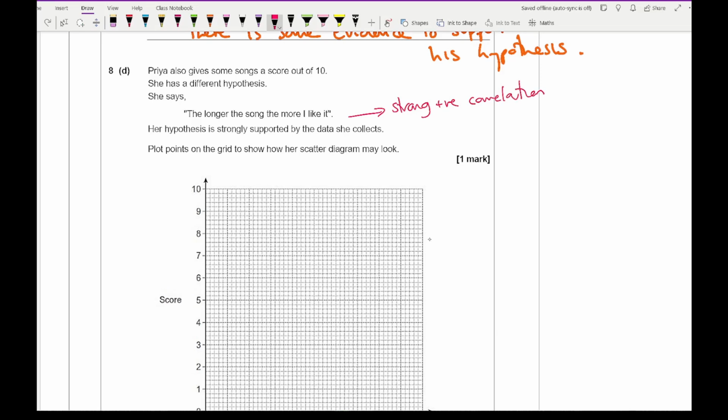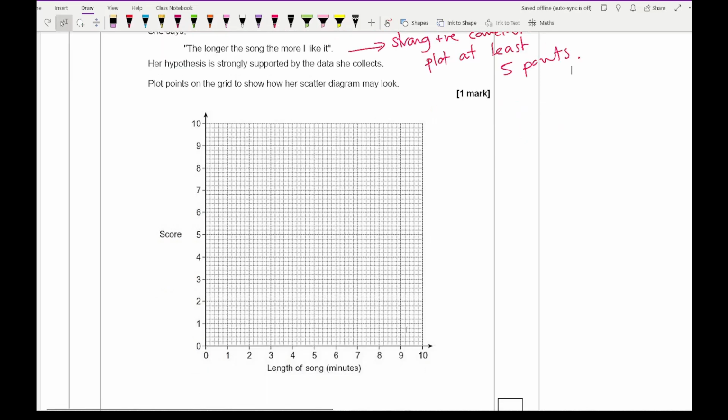And what you also want to show is that you've plotted at least 5 points. So we're looking for the longer the song, the more she likes it. So we're looking at something along the lines of this, and it should be generally, and it should go through 0.